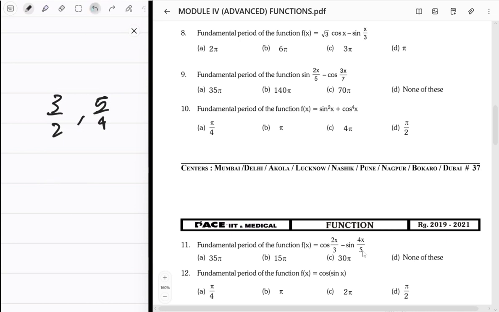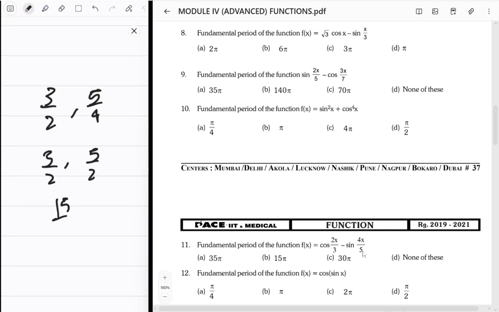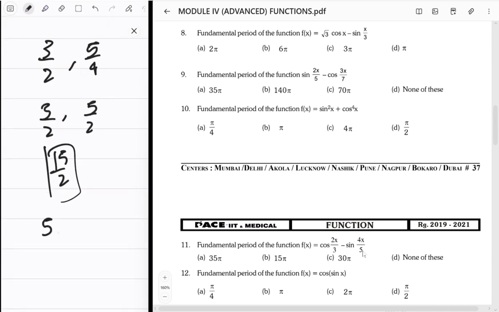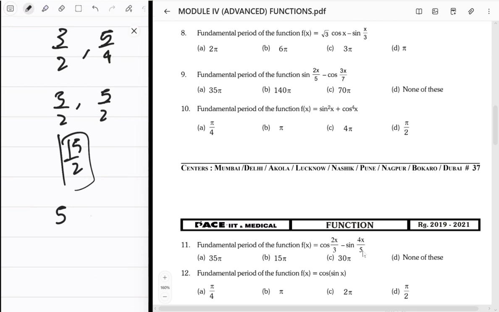No, multiply this thing by 2. So right, I almost forgot how to figure out LCM or whatever. Yeah, okay, that's the way it should be. The LCM of these guys, which is 15 upon 2. So 15 upon 2 is the LCM. That thing upon 3 upon 2, that's going to be just 5. So M value is 5. 5 upon 4, that's going to be 3. And then what? 6.